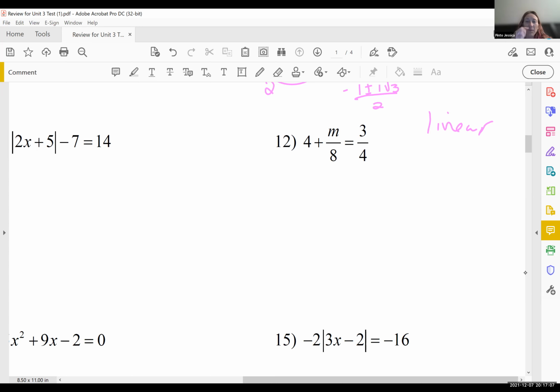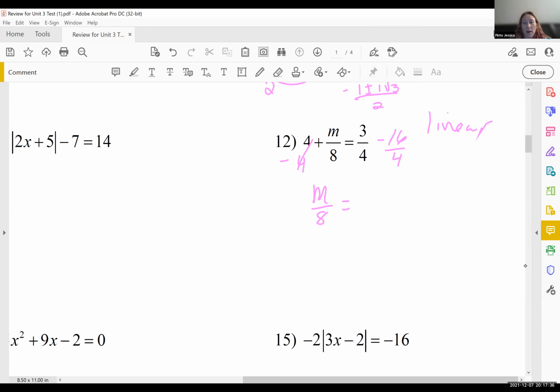All right, number 12 is linear, exponent of 1. And I'm just going to go with this one. So when I subtract 4, I've got m divided by 8 is equal to, and then I'm just going to rewrite this as not negative 4, but negative 16 over 4, which is the same as negative 4, right?